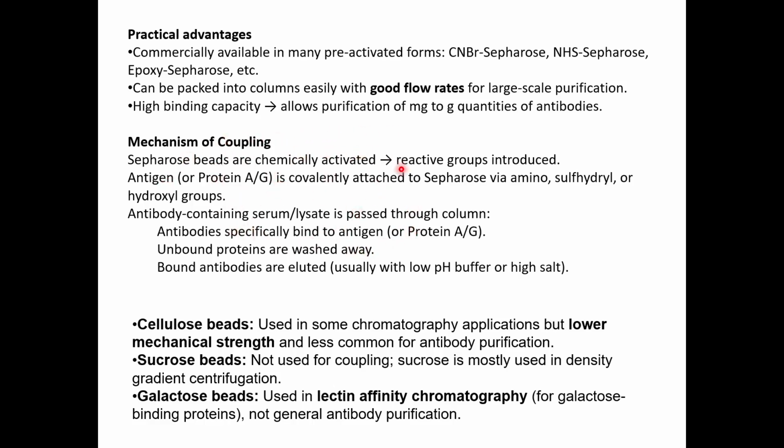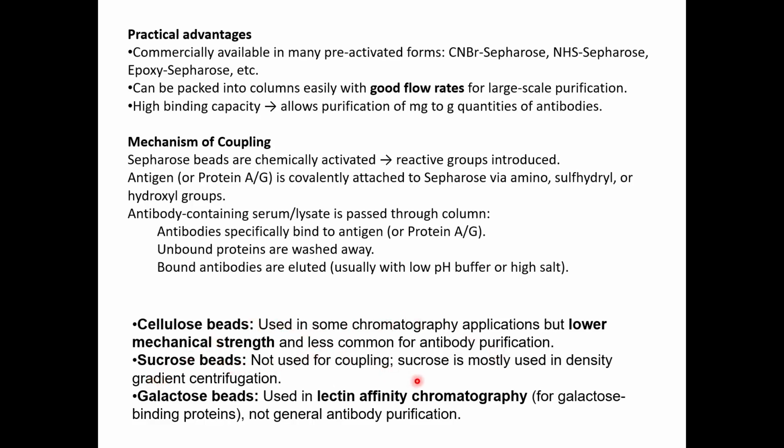So this is the coupling we already discussed, and then there are other options like cellulose beads, sucrose beads, galactose beads. These are used in some chromatographies, but the yield or mechanical strength is very low and they have less common applications for antibodies.